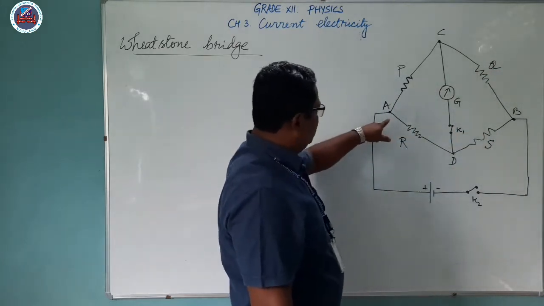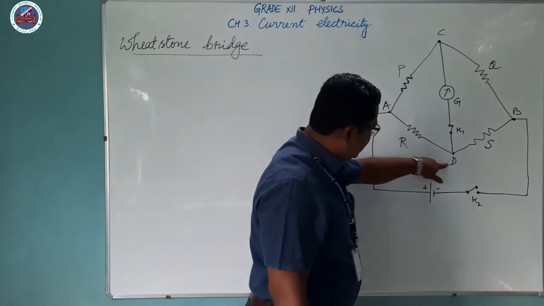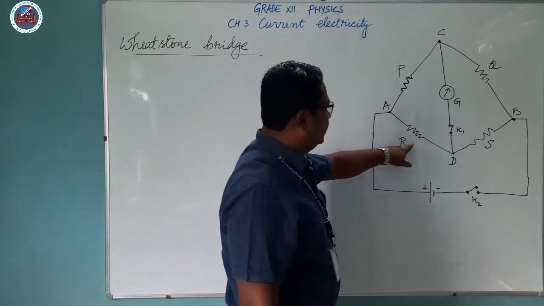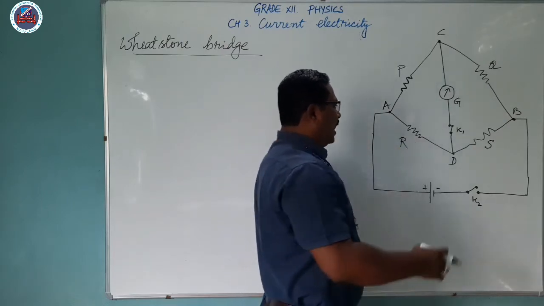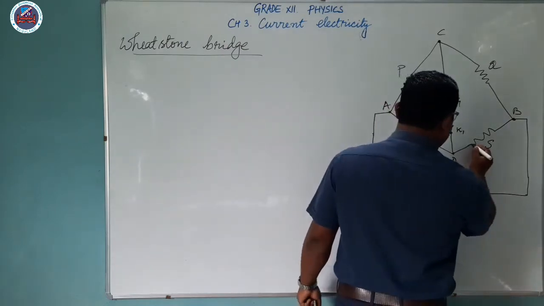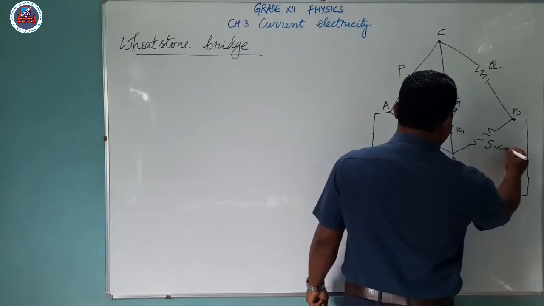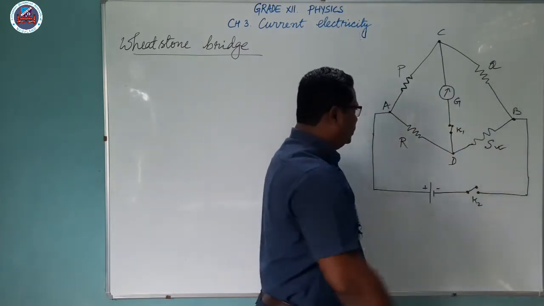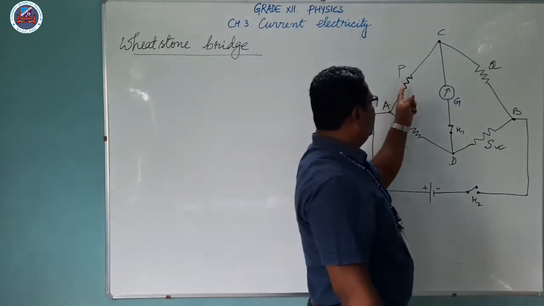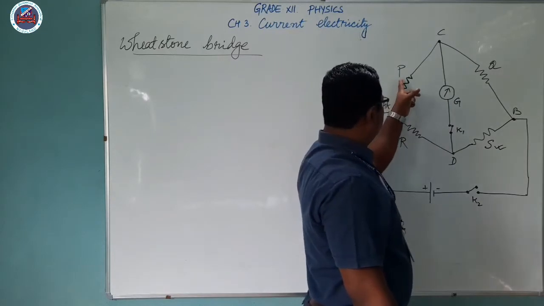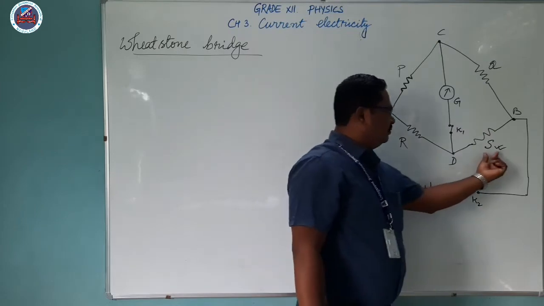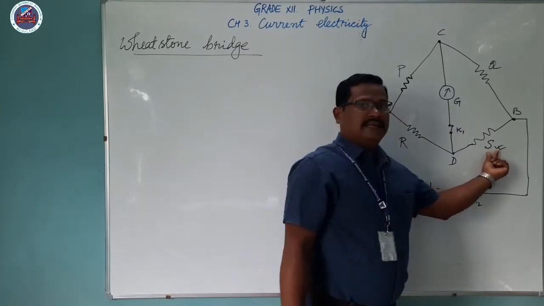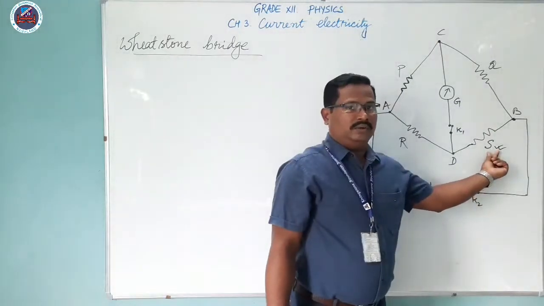In the branch AD, the resistor R, we call it a known resistor. And then the unknown resistor, we write it as S. With this arrangement, if we know the values of resistance P, Q, R, then the fourth resistance S we can find out.